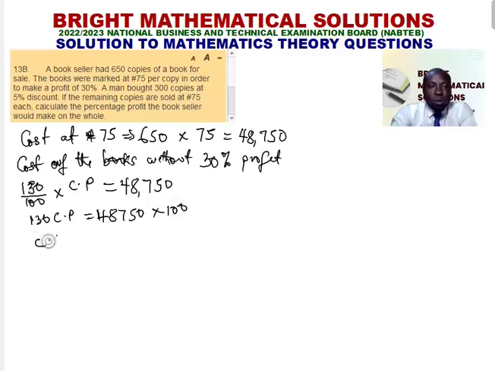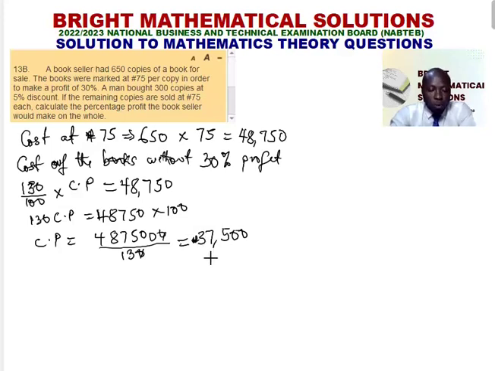So the cost price will now become 48,750 divided by 130. So this zero cancels this. At the end of the day, we got 37,500. So this is the cost of the 650 copies without any profit.